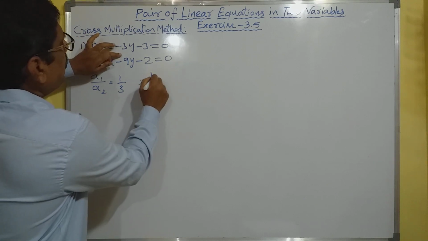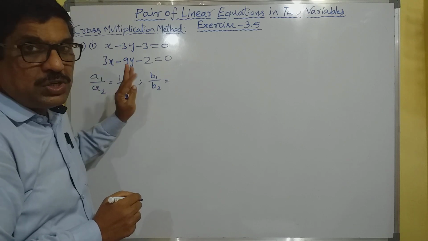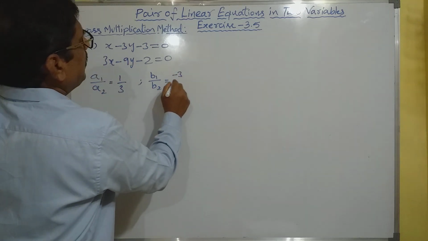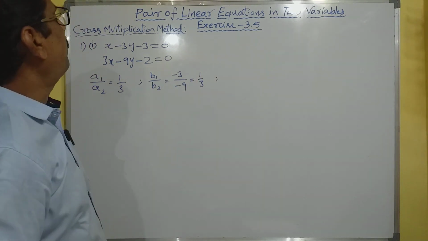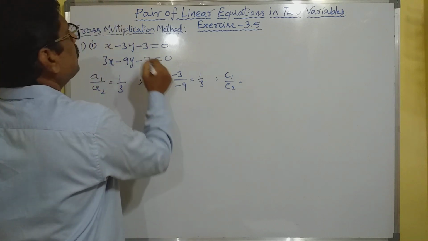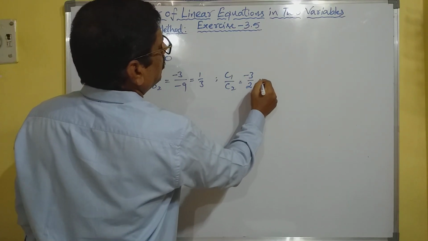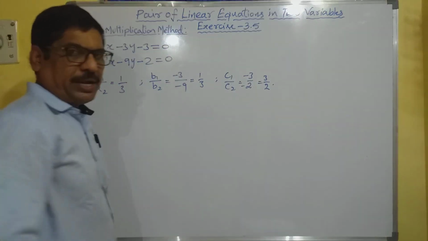Here b1 by b2 is the ratio between the coefficients of y, that is minus 3 by minus 9, that can be simplified as 1 by 3, and c1 by c2 is minus 3 by minus 2, which can be written as 3 by 2.